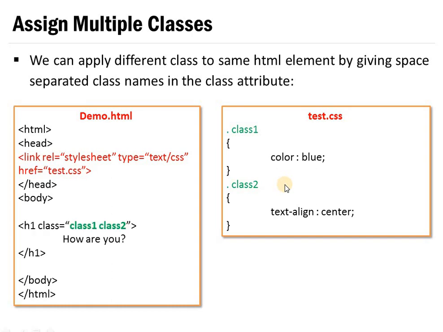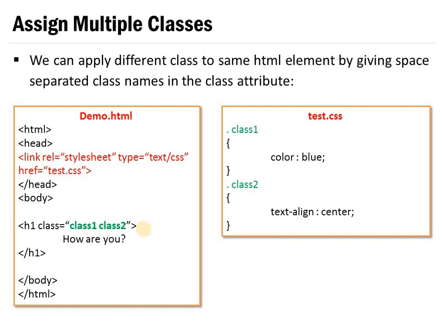Now if I want to assign multiple classes, how can I assign them? For example, over here this is my h1 tag, and I have set the class attribute with its value in double quotation marks as class 1 space class 2. Till now you were using just one value.